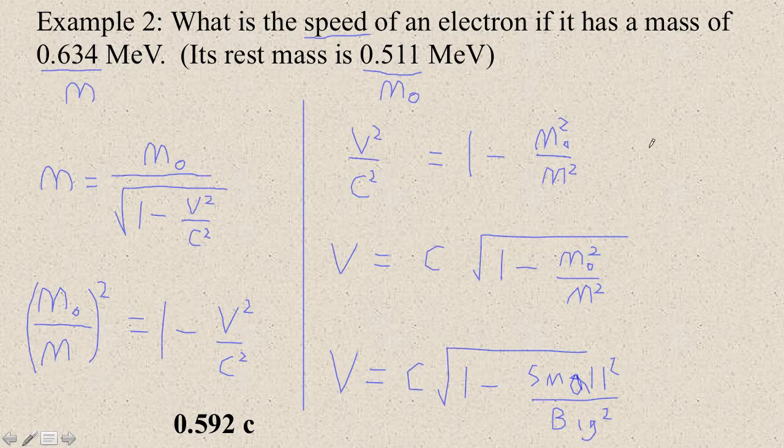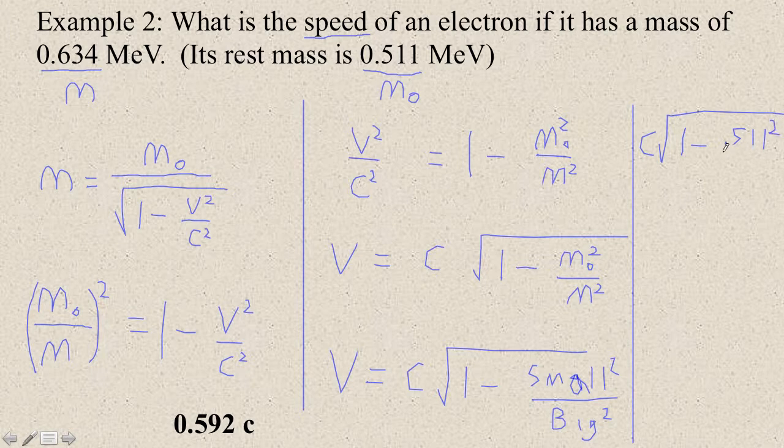So let's get the answer here. V is going to be c times the square root of 1 minus, small is this guy, 0.511, squared over the big squared.